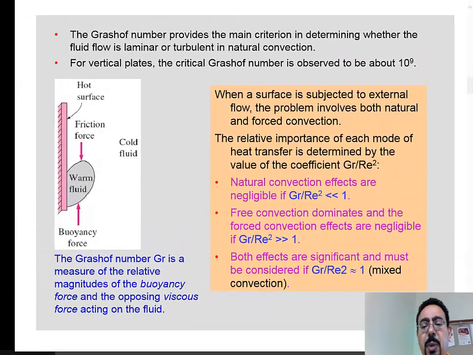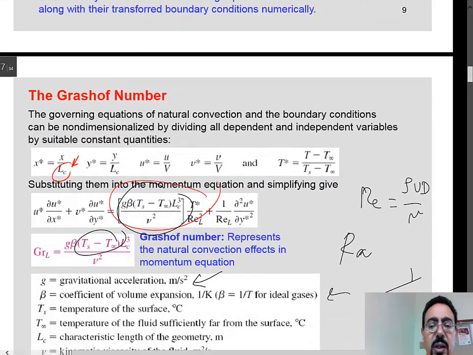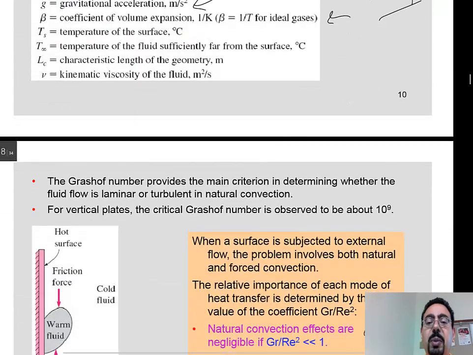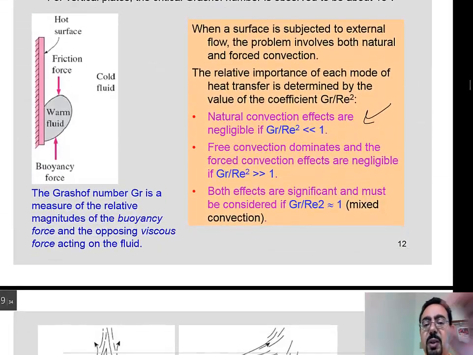So now, when you look at this equation too, there is another contribution. One source is basically the buoyancy force, but there could also be a Reynolds number contribution as well. We'll talk about this at the end of the class.